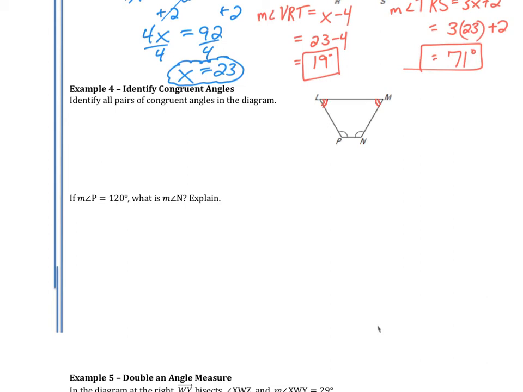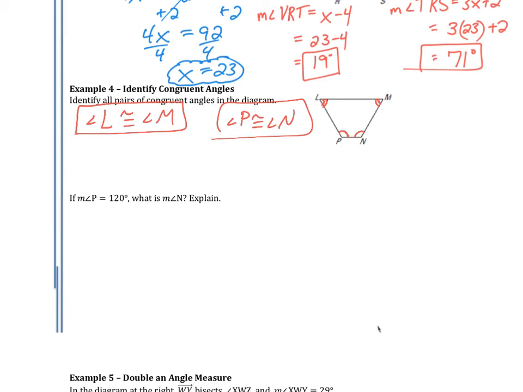So we would say that angle L is congruent to angle M. And we can use one letter because there's only one angle that has a vertex of L. Okay, and the other angles that are congruent are down here. Those little arcs mean that they are congruent to each other. So we could say angle P is congruent to angle N. And this works because there's only one angle P and one angle N.